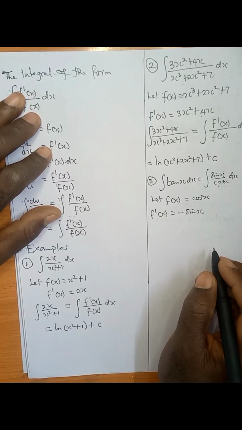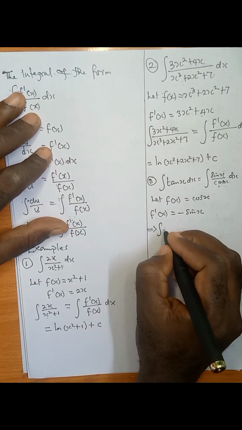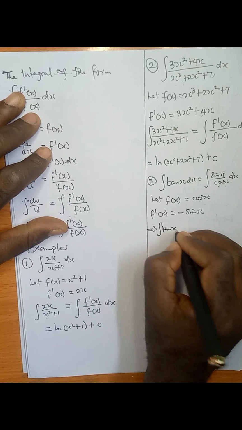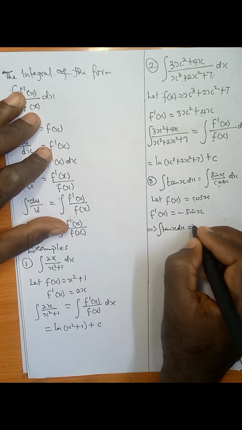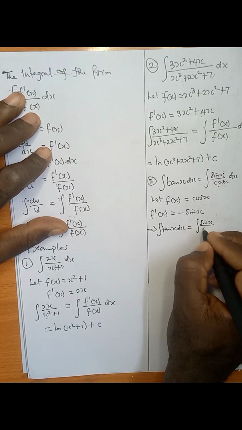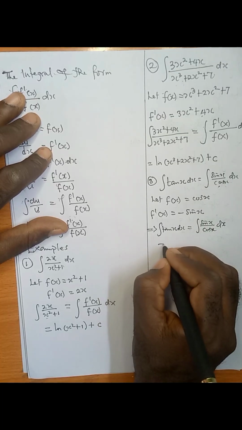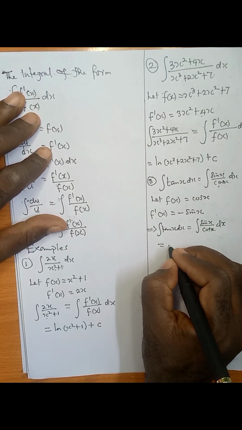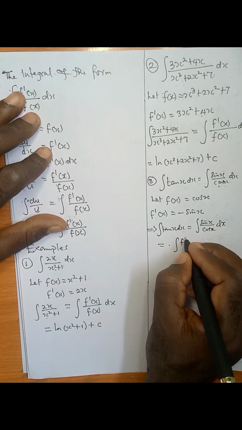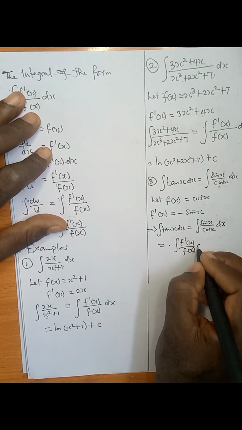For that, we now say that the integral of tan x dx, which is equal to the integral of sine x over cos x dx, is of this format, that is the integral of f prime of x over f of x dx.